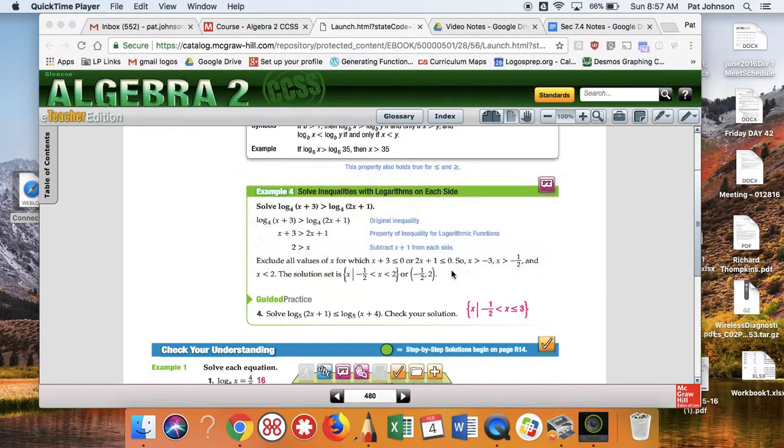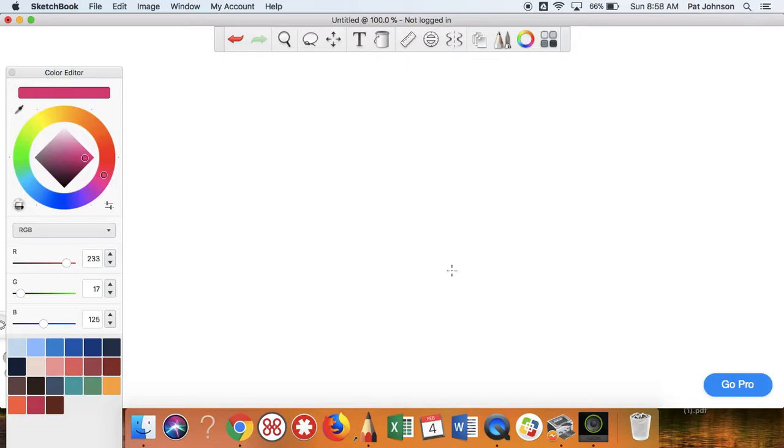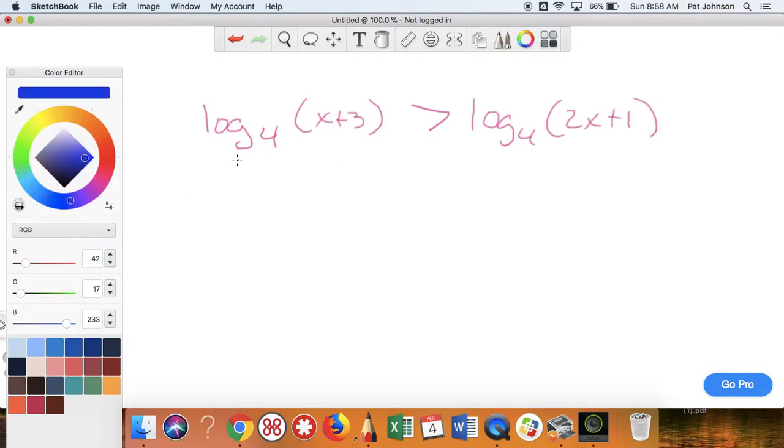They want us to solve this. Now, this is where we have to remember things about our bases and our arguments, what they can and cannot be. So if we want to solve log base 4 of x plus 3 is greater than log base 4 of 2x plus 1, I have an inequality. I have log on the left and log on the right. Are my bases the same? Yes.